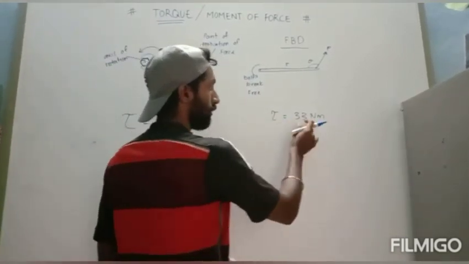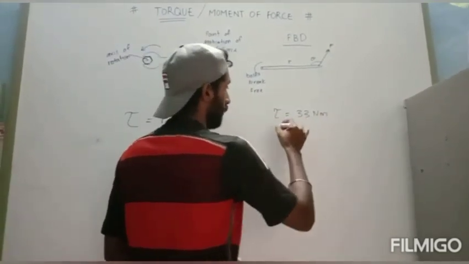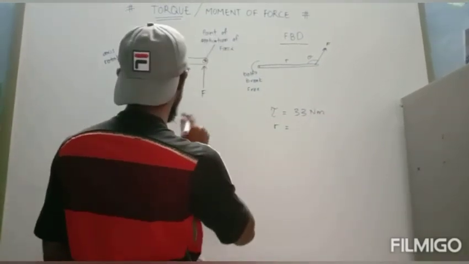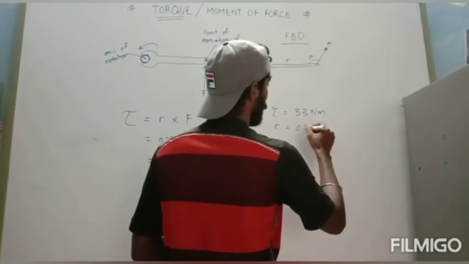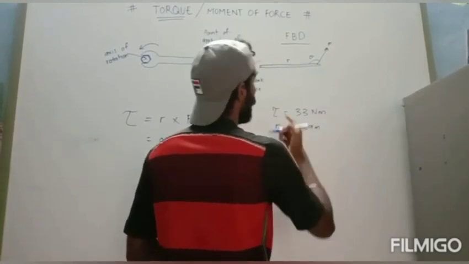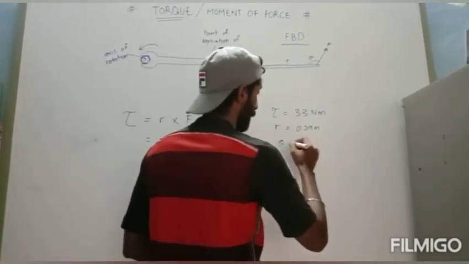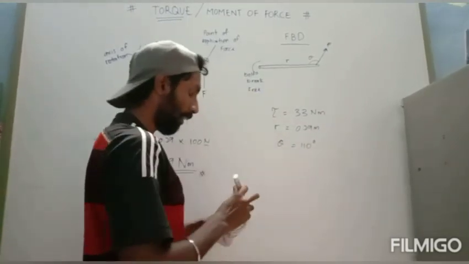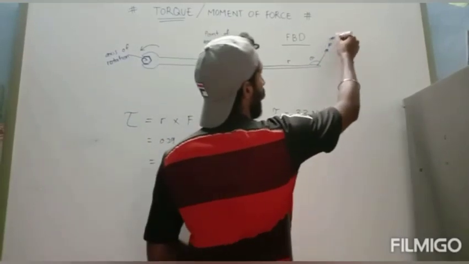So the torque is 33 Newton meter. The lever arm is the same as this, 0.29 meter, and let's say theta is 110 degrees. Now we're going to find F.